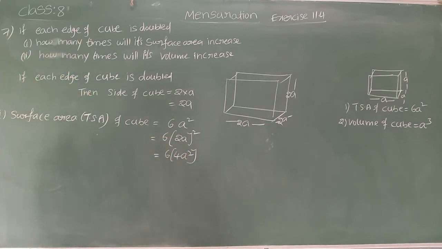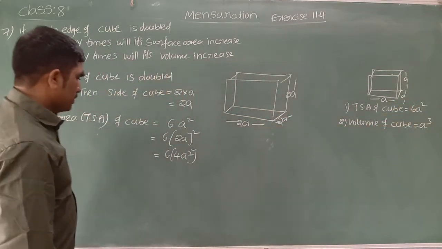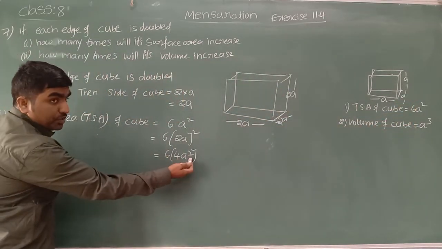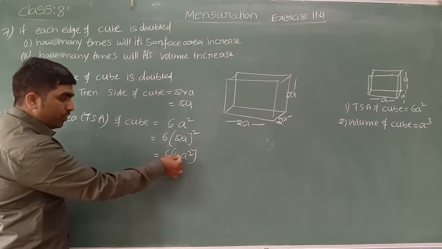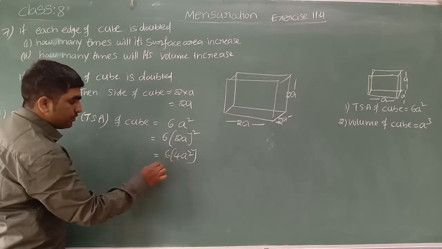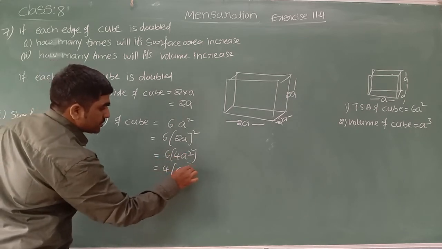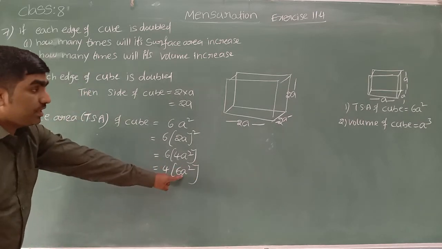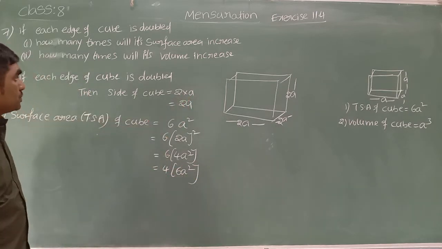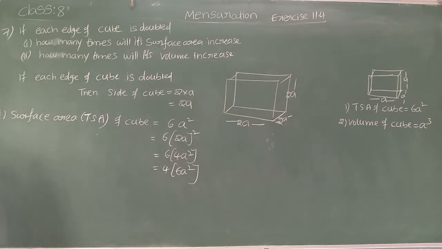So how many times is it increasing? 1 time is equal to 6a square. 6 into 4, 24; 4 into 6, 24. So this 4 let me write outside, and 6a square together. What is 6a square? Surface area of a cube. So how many times is it increasing? 4 times of surface area.